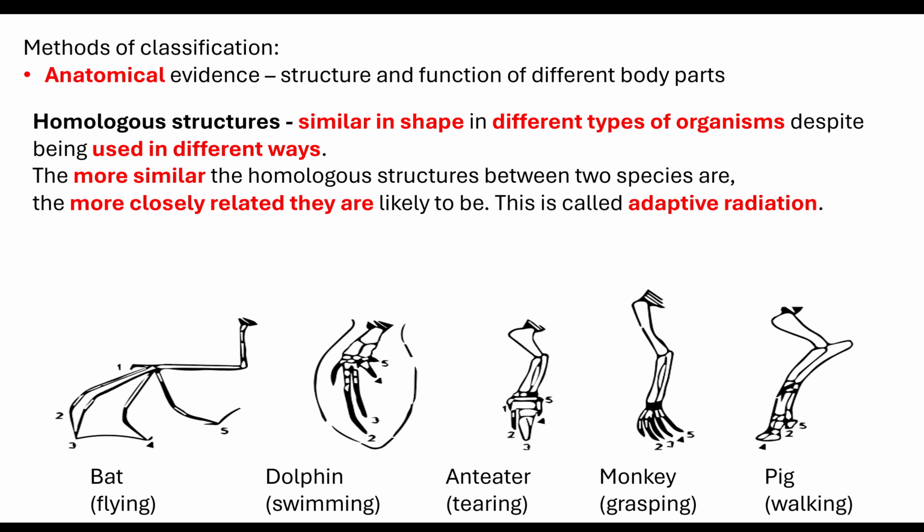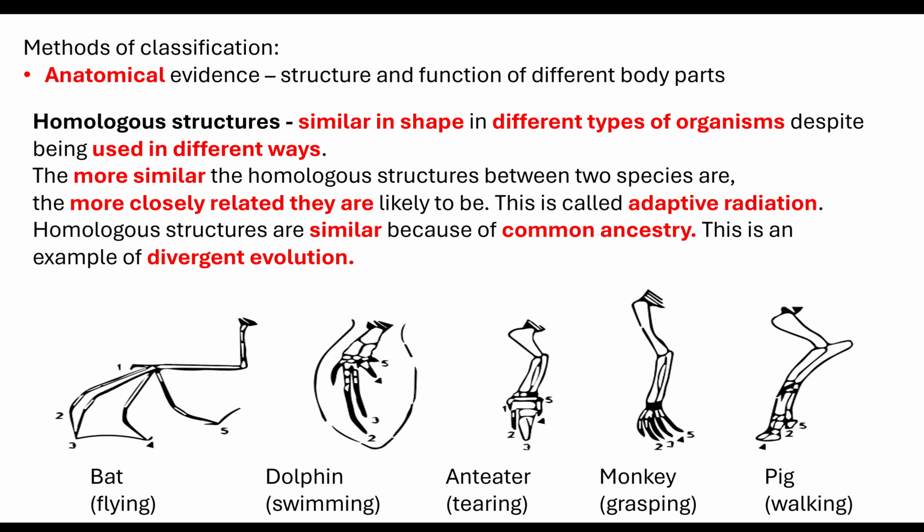The more similar the homologous structures are between two species, the more closely related they are likely to be. That is known as adaptive radiation. So when we look at anatomical evidence for classifying organisms, we're looking at these similar-in-shape homologous structures, such as the pentadactyl limb, and then we can work out how closely related organisms are based on that.